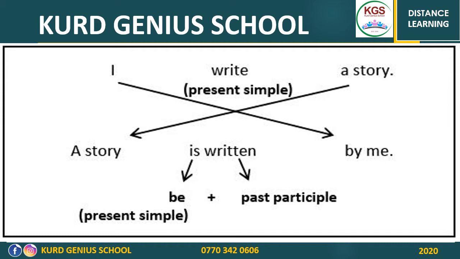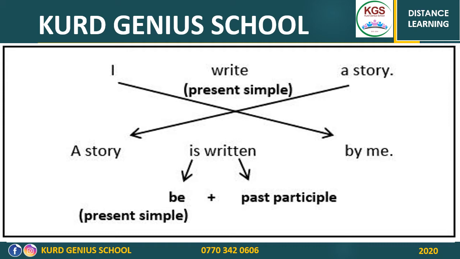After that, in all passive sentences, and that's true for all the tenses, we should use the past participle form. You are all familiar with this. We have to use the past participle form of the verbs in all the passive tenses.